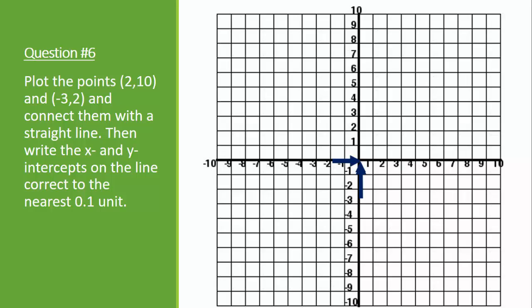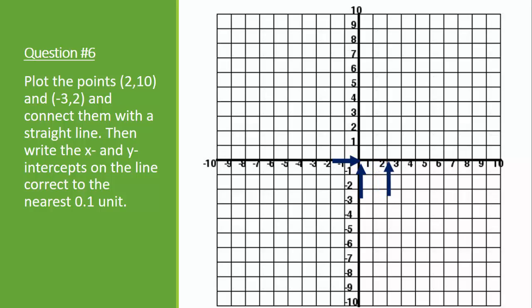First of all, let's plot the point (2, 10). First thing I'd like you to do is start at the origin. That's where these two blue arrows are pointing right now. The first point is going to be at x is equal to 2, so we're going to move from the origin to the right, 2.